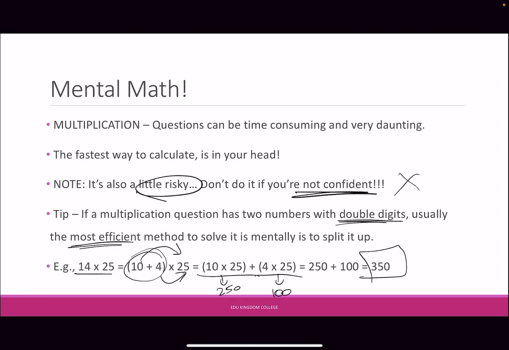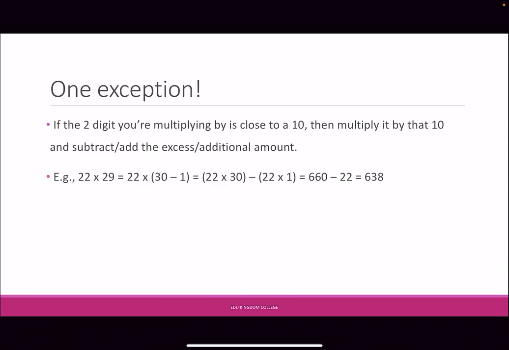Now, usually this is the most efficient method, but there is one exception. If you have a two-digit number that's really close to a multiple of 10, like 19 or 21 or something like that, multiply it by that 10 first, and then deal with what you need to subtract or add later on.